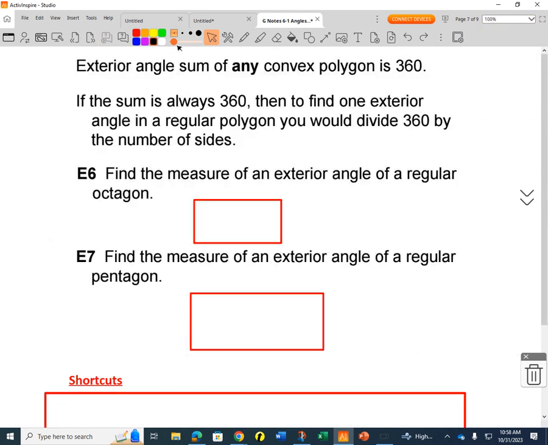An exterior angle sum of any convex polygon is 360. We just proved that, or showed that. If the sum is always 360, then to find one exterior angle in a regular polygon, you would divide 360 by the number of sides.